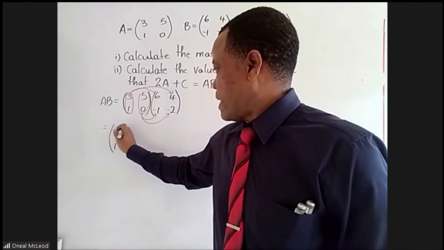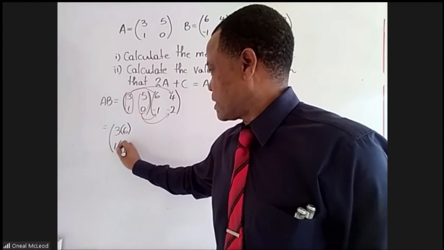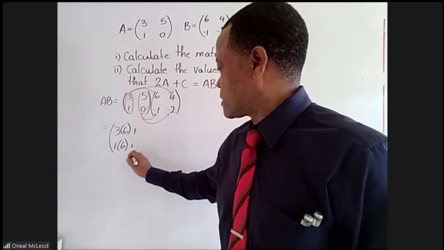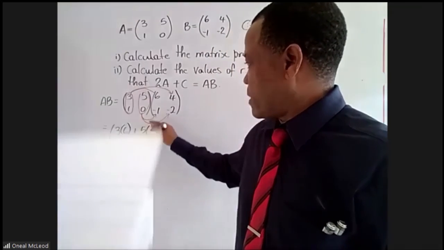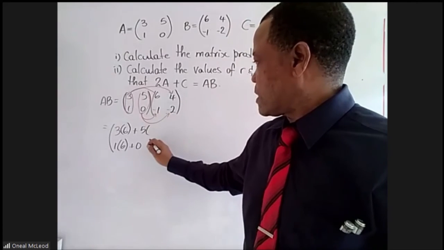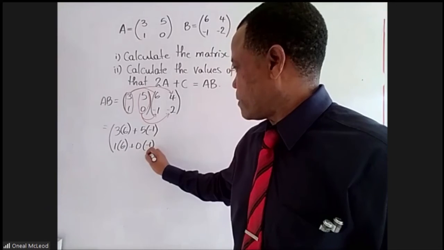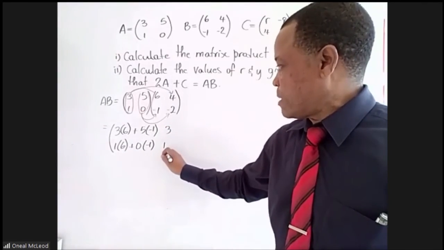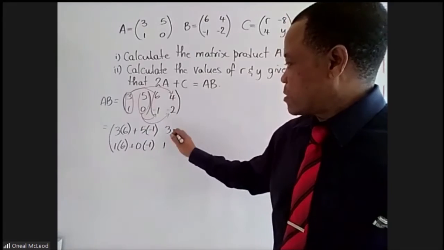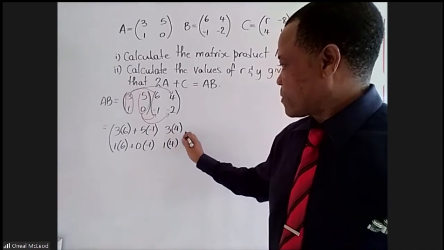3 and 1. And it was mapped onto 6 first. So that is 6. And that is 6. Plus 5 and 0. What did we map that onto? We map that onto -1. Then we're going to now take down 3 and 1 again. We map those onto 4. So that's 4. That's 4.